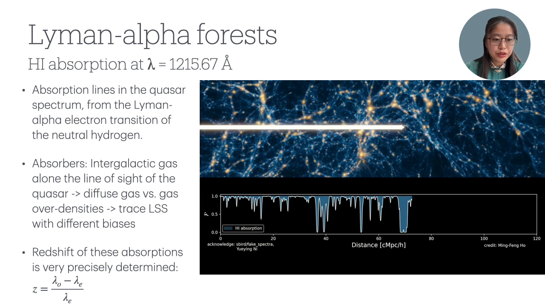These are both tracers of large-scale structure with different biases. What's really great about this is that the redshift of these absorptions can be very precisely determined. So essentially, the Lyman-alpha forest maps out the 3D structure of the underlying distribution at high redshifts.